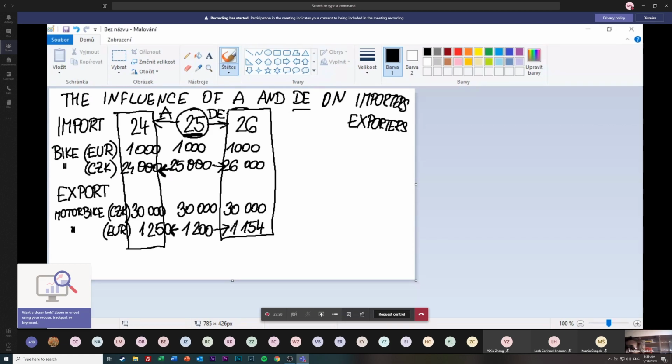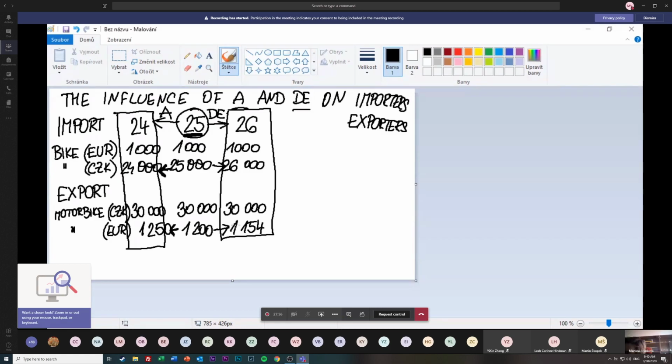So I will dictate. Because of depreciation of the domestic currency, the imported products are more expensive.